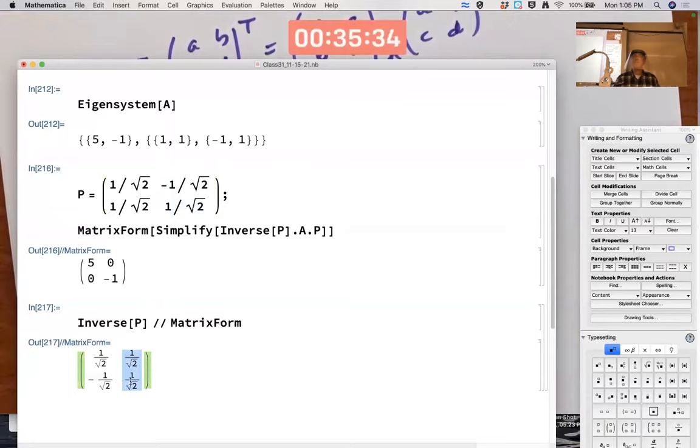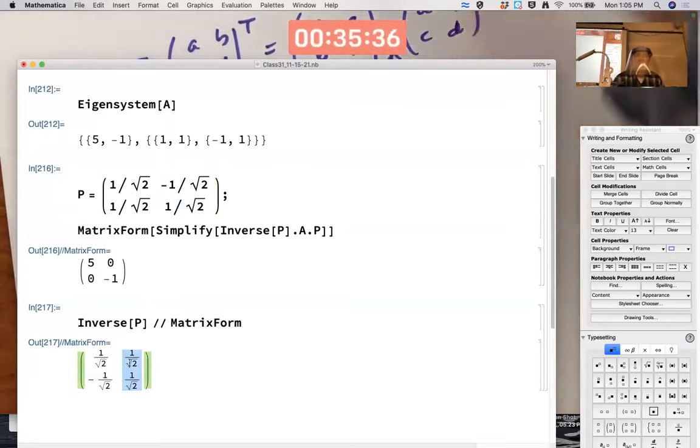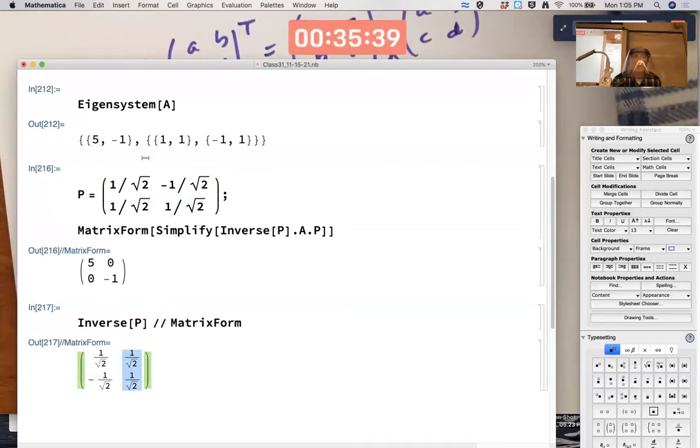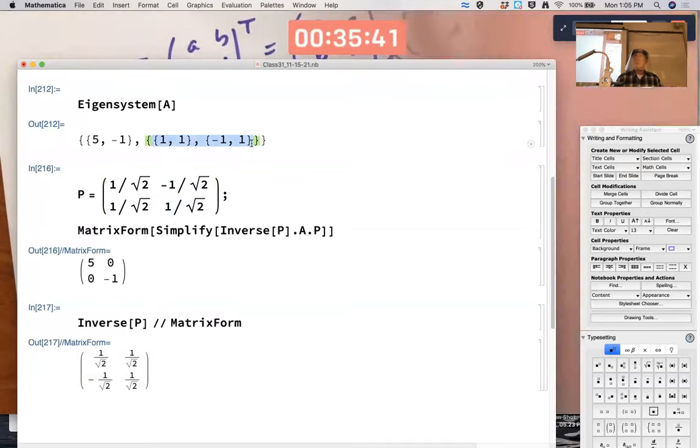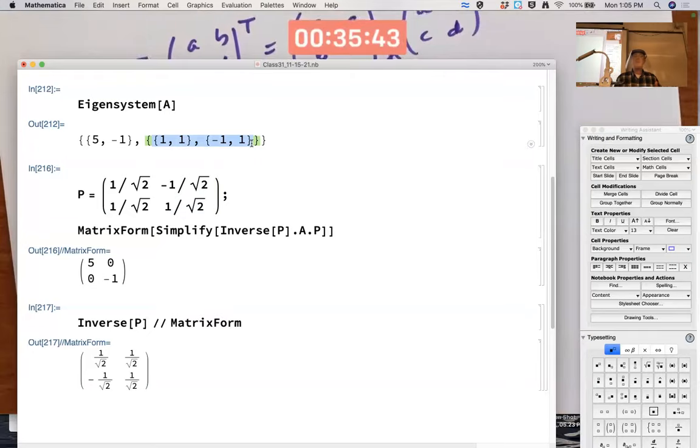This process of taking your eigenvectors, which will all be orthogonal when A is symmetric, normalizing them, putting them in the columns of P, will always be guaranteed by some theorems that can be proved to create a matrix whose inverse is its transpose. And therefore, even if it's a 100 by 100 matrix, it's easy in theory to find the inverse. Though in practice, it would take a long, long time to write it down. Right? And probably you'd want your sheet of paper to be huge.